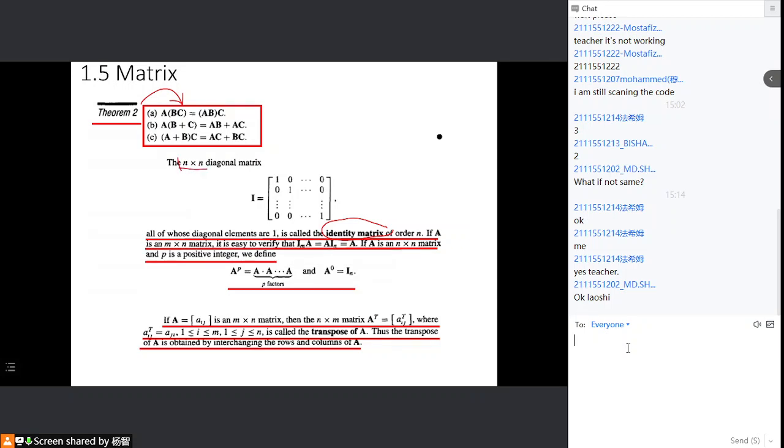If there exists an n by n diagonal matrix, this is a diagonal matrix because every element except the main diagonal is zero. And this is also the identity matrix because every element in the main diagonal is equal to 1.